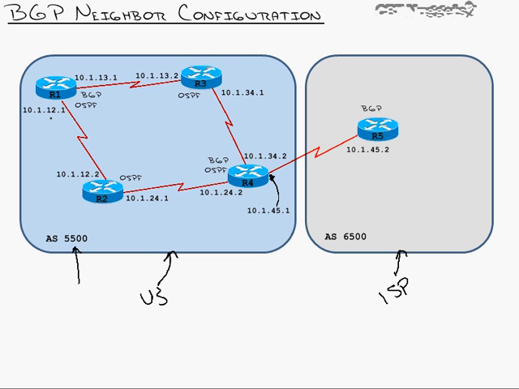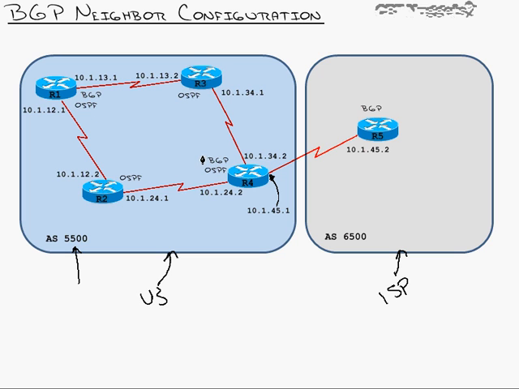Now, I also want to talk about your internal network, or our internal network here on the screen. We've got router 4 and router 1 that are going to be our BGP peers. You can see those are going to be running BGP, whereas these other two routers are just running OSPF. I'm doing this for a reason. I want you to see that BGP neighbors do not need to be directly connected.